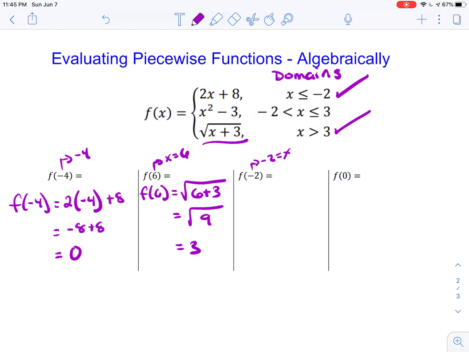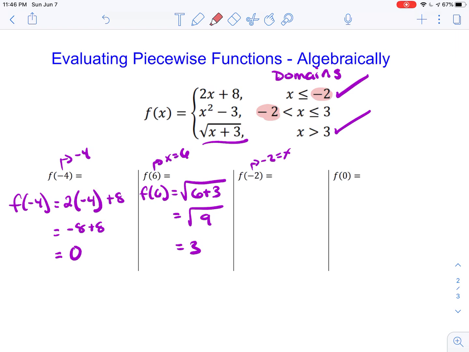Excellent. So what about x equal to -2, right? Where does that fall? Well, we have a tricky situation here, right? -2 is actually one of those boundary x values that falls on two different parts of my piecewise function. So how do we know which one to plug it into? Well, we have to pay attention to the "or equal to."